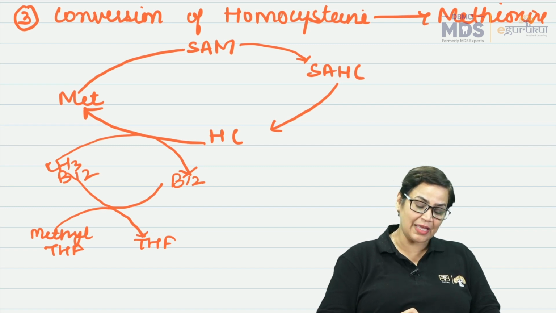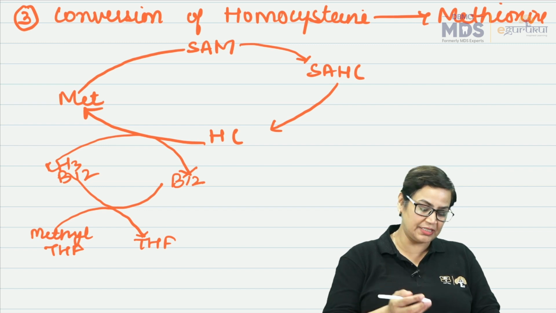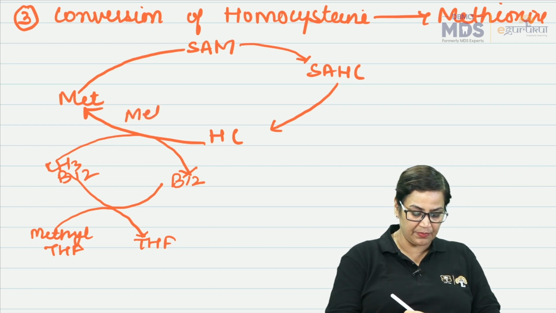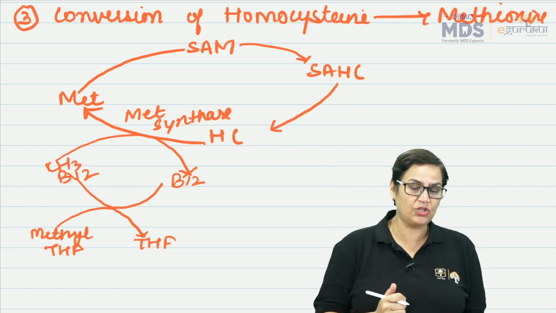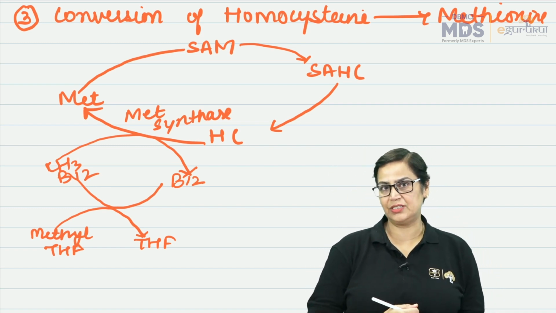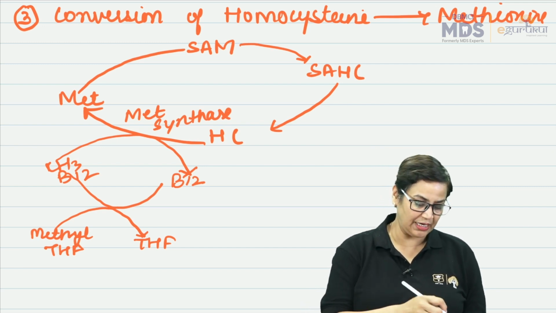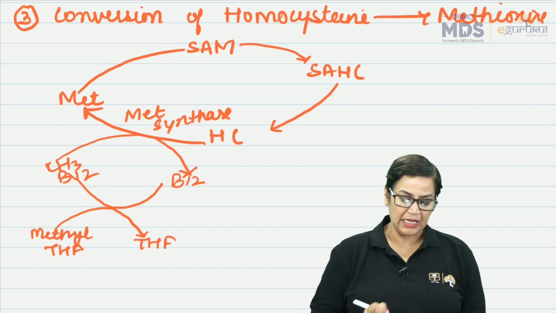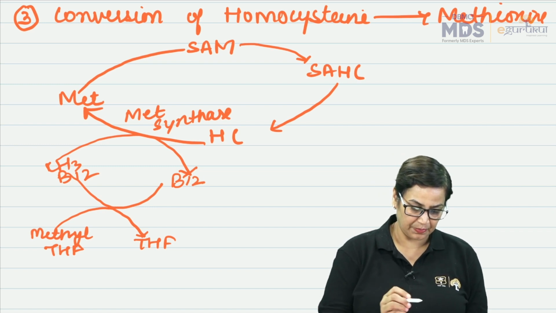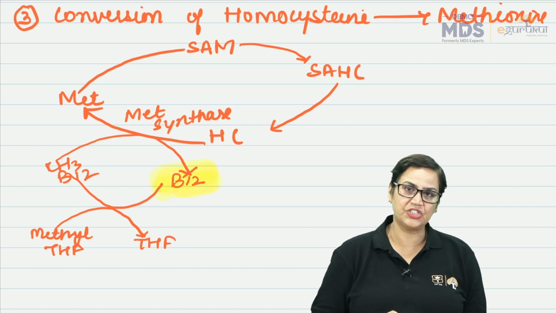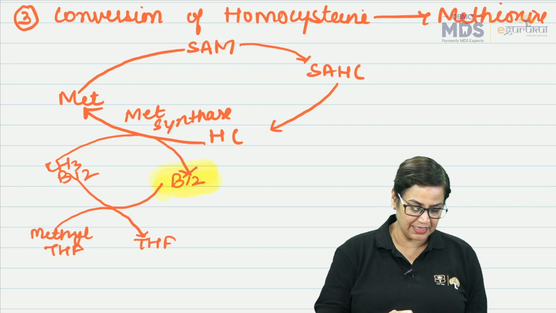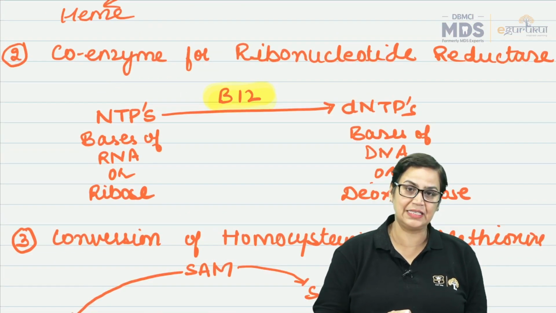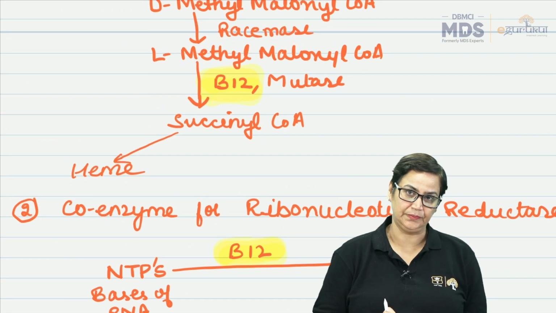B12 accepts this methyl group and donates it to homocysteine in the presence of enzyme methionine synthase to form methionine, because if you look at the structure of homocysteine, if we add a methyl group into it, it will be converted into methionine. So this is again the reaction catalyzed by B12. You can see, wherever I have highlighted, the role of B12 like this.